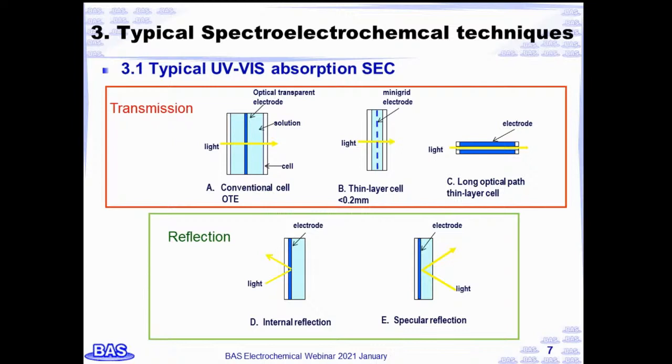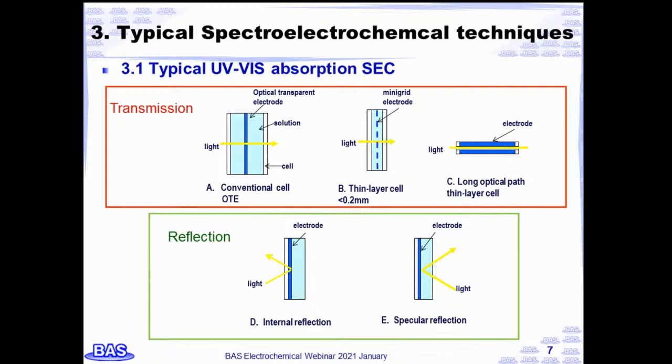In the transmission method, classified by the relationship between the arrangement of the optical path and the electrode and the thickness of the solution phase, in A and B, light transmits the electrode surface vertically, therefore we need an optically transparent electrode. The difference is solution thickness.